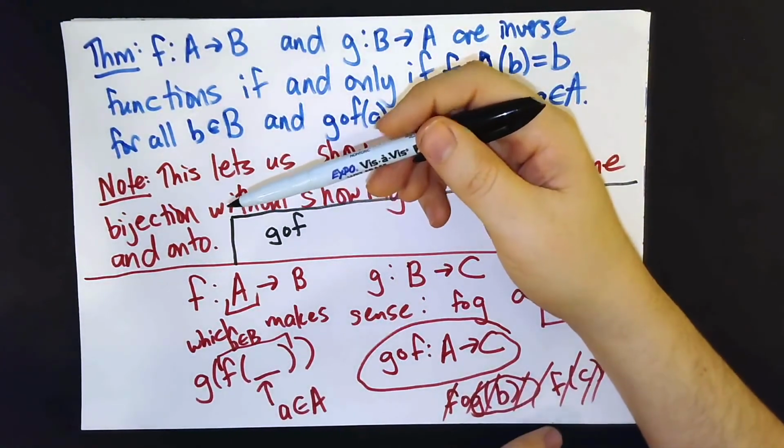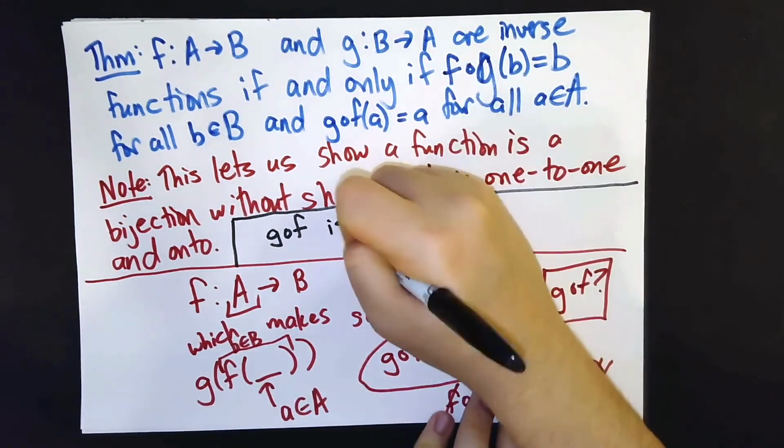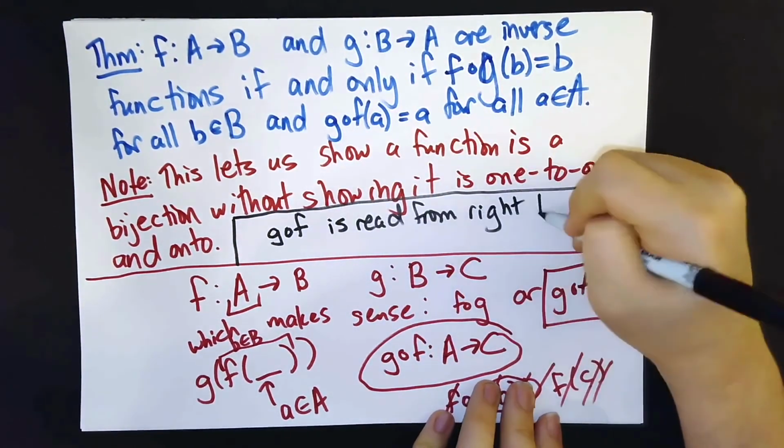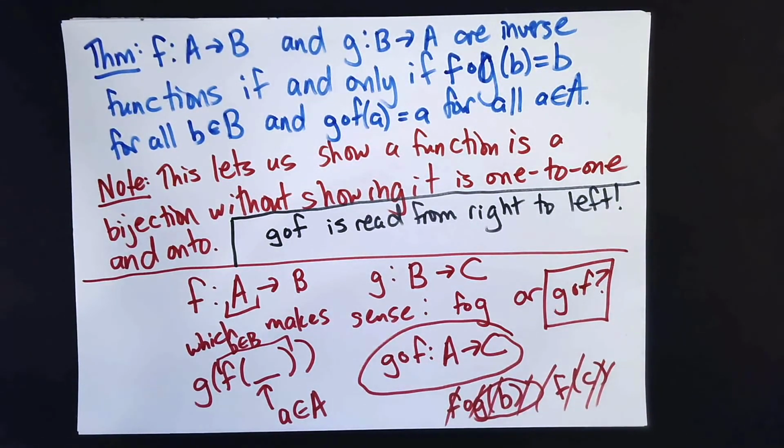And that's because really I'm reading them from the inside out. And so that ends up meaning that I read them from right to left. And so when you want to do a bunch of functions to something in order, you need to remember that that order is going to be written right to left, not left to right.